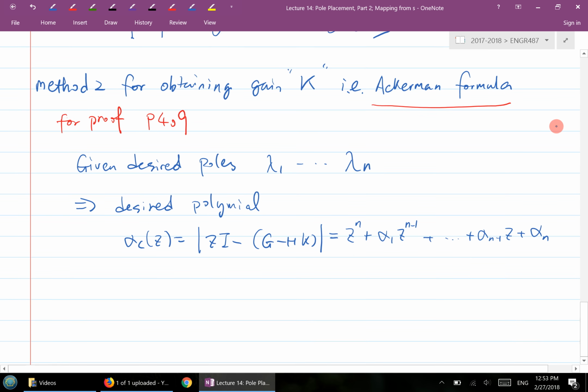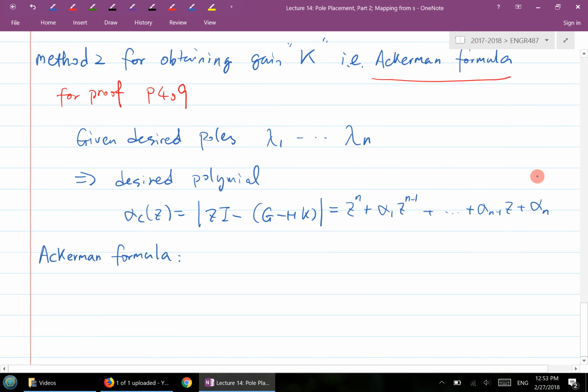So Ackermann's formula essentially has the following format. Here's Ackermann's formula. The gain matrix K is equal to 0, 0, 0, 1, that's a row vector here, times the inverse of H, GH, up to G to the n minus 1 H. So that's the inverse of the controllability matrix.